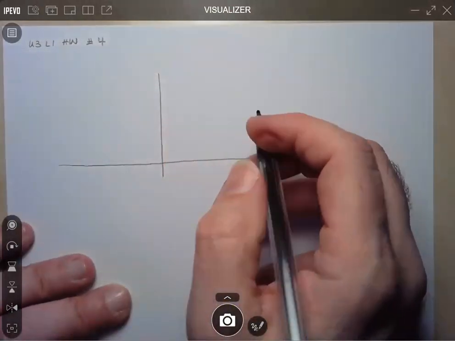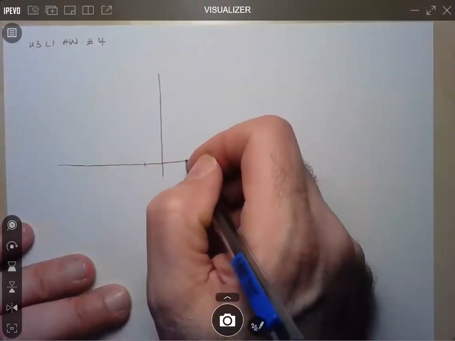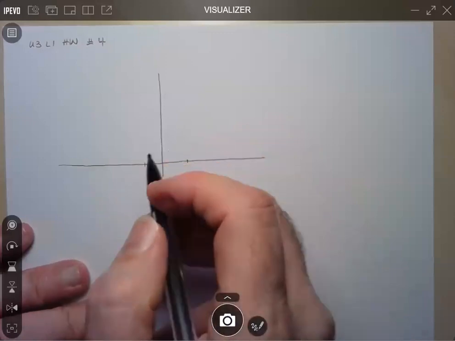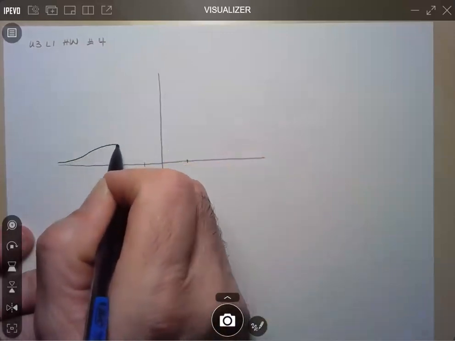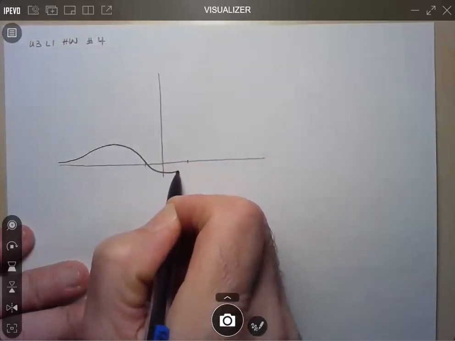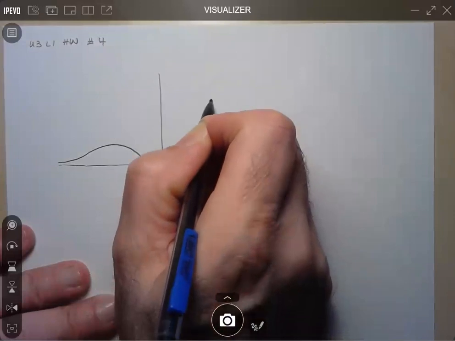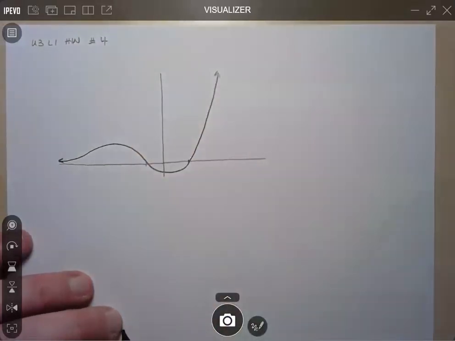Okay, so let's see what this looks like. Looks like this. Down, up. There we go. More or less this is what it looks like.